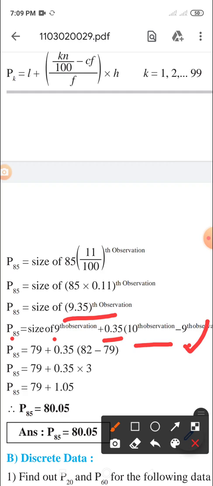While taking this 9th observation and 10th observation, we take these observations from the data which we already arranged in ascending order.